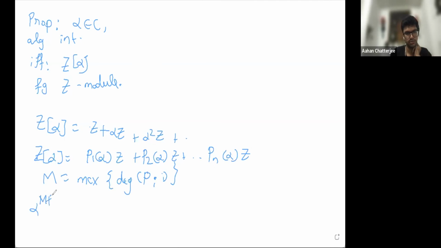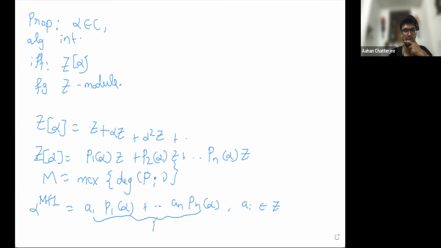So we just consider the polynomial alpha raised to N plus 1, and this is in Z[alpha]. So it should be a linear combination of these things: alpha raised to N plus 1 equals a1 p1(alpha) plus ... plus an pn(alpha), where the a_i are integers.